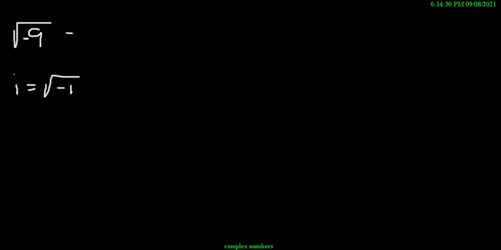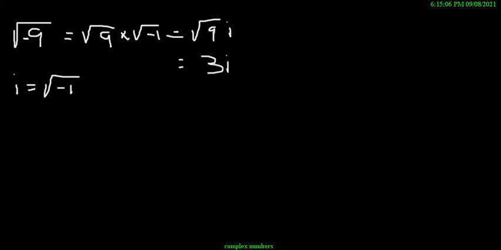So the root of -9 is the root of 9 times the root of -1, which is the root of 9 times i, and we know the root of 9 is 3, so this would be 3i.